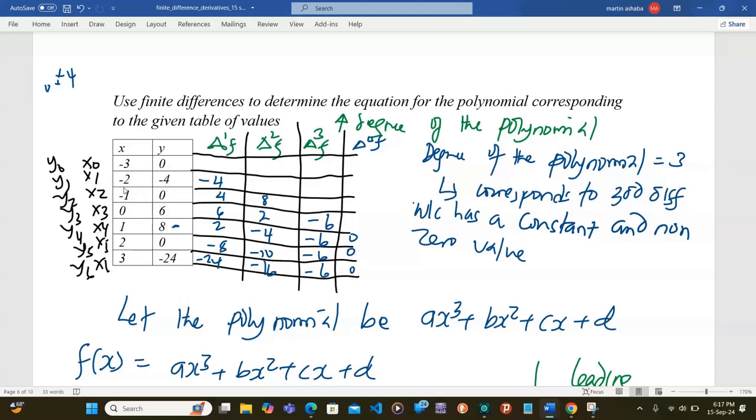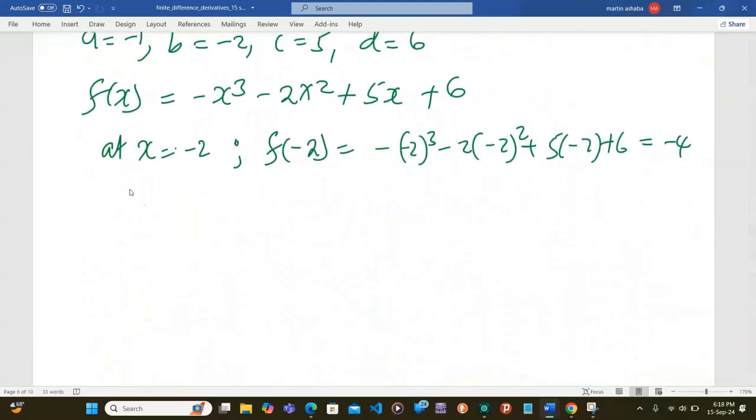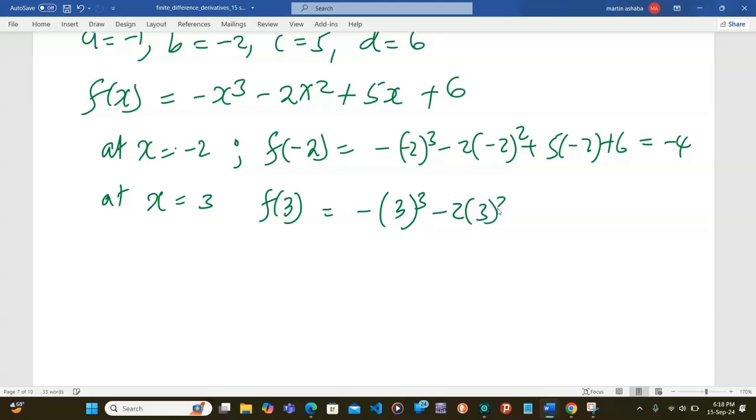You can try it by putting in x is equal to 3, you should be able to get negative 24. So maybe let's try it. At x is equal to 3, that is f of 3. This becomes negative 3 cubed minus 2 into 3 squared plus 5 into 3 plus 6.